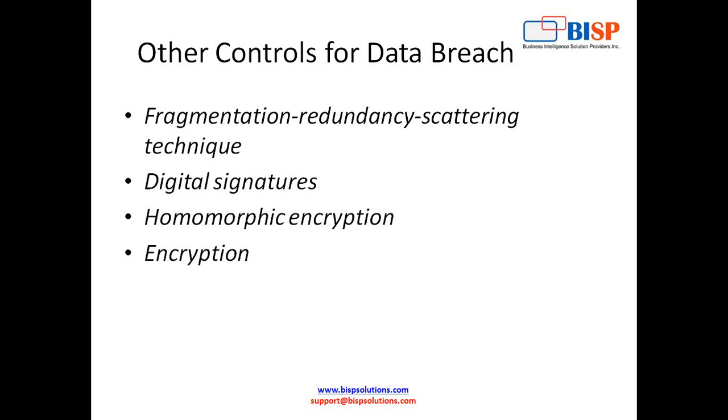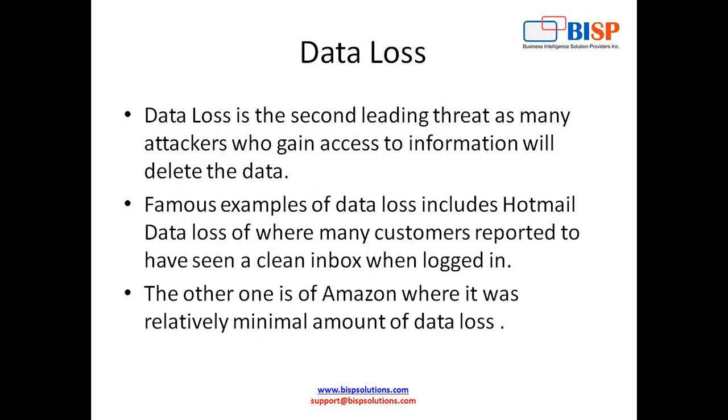was completely lost. The other important example is Amazon, where it was a relatively minimal amount of data loss, but nonetheless it amounted to a significant data loss during that period. Now the data loss vulnerabilities. What are the most common vulnerabilities of data loss? As discussed earlier, there might be a loss of encryption keys.